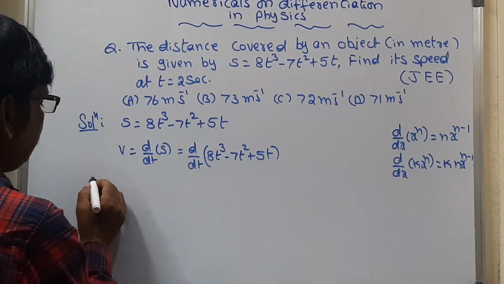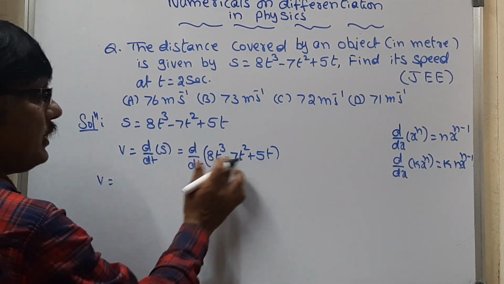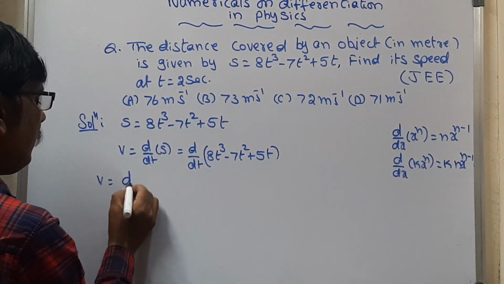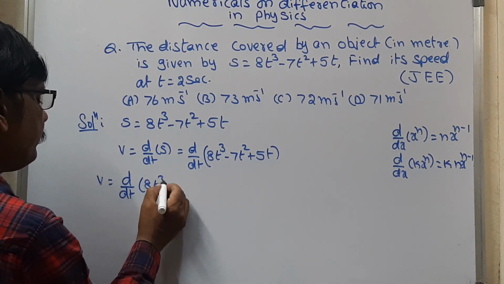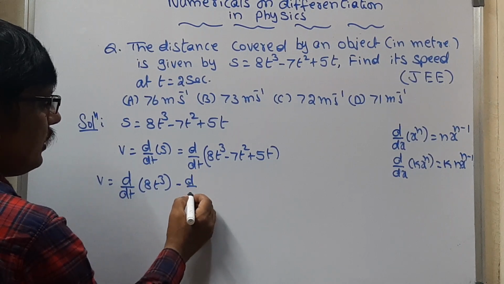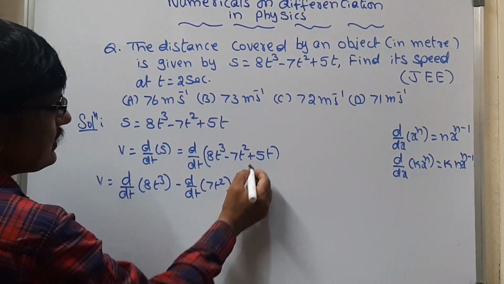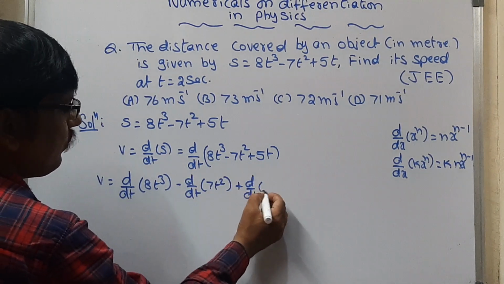Now here, v is equal to, let's apply differentiation to the entire inside part, in each and every component. So d by dt of 8t cube, what is the sign? Minus sign. And d by dt of 7t square, what is the sign? Plus sign. And d by dt of 5t.